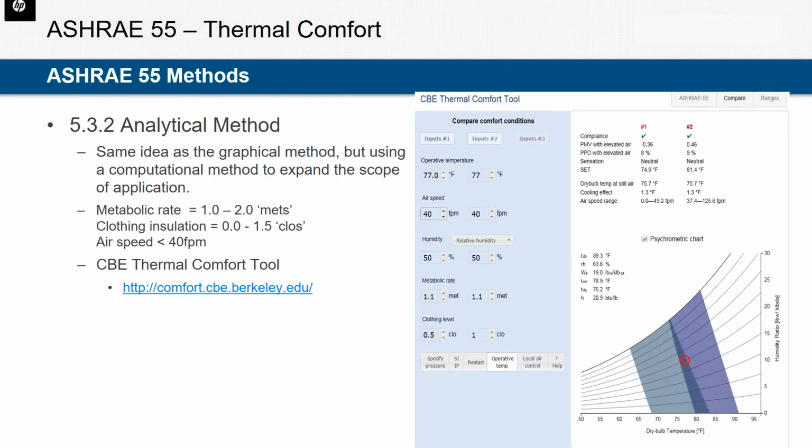When I give this presentation, pre-COVID, when we would have larger groups, maybe 40 or 50 engineers in the room, we'd pull up this thermal comfort tool. I'd give a poll. I'd ask the occupants, hey, who feels a little warm? Who feels a little cool? Then we would type in the parameters of the room into this thermal comfort tool, and it would spit out some predicted percentage of people who would be dissatisfied with the environment.